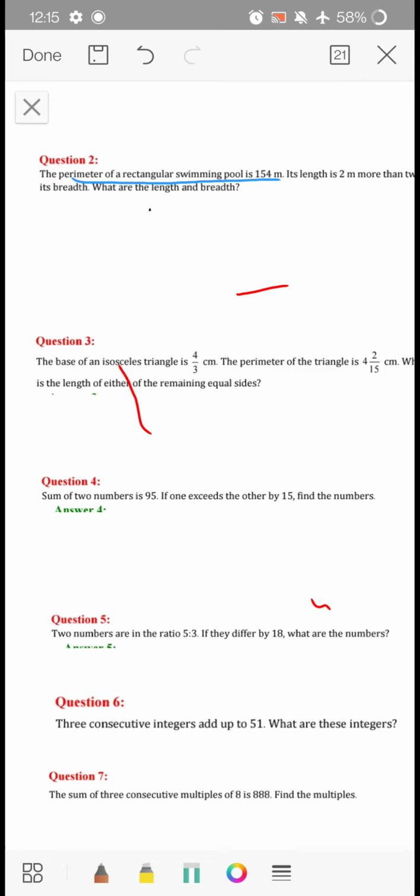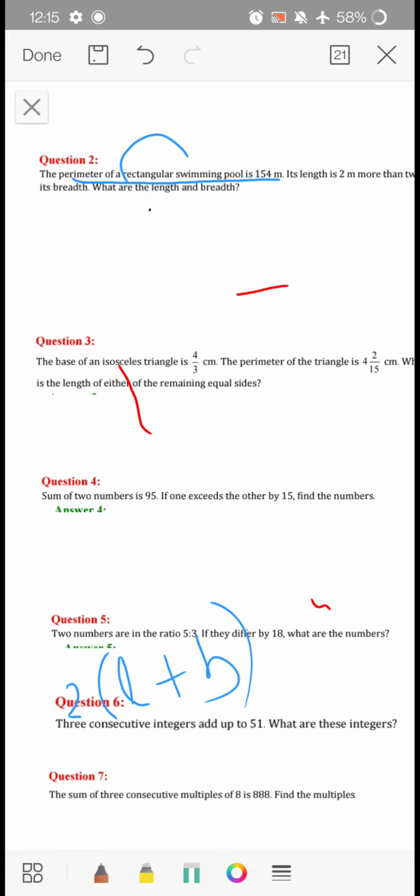Here they have talked about the perimeter, and they have given the shape also, that is rectangle. You should know that the perimeter of a rectangle is 2(L + B), right? This is the formula for the perimeter of a rectangle.